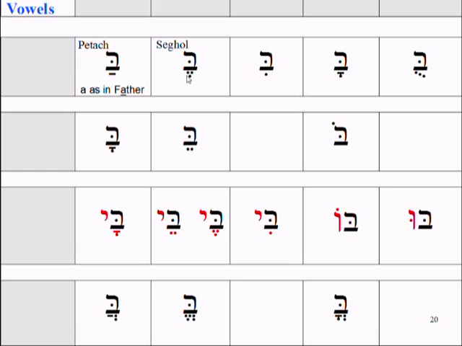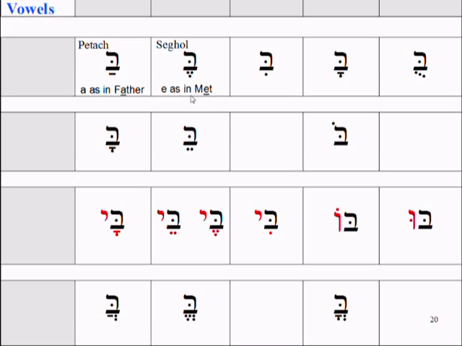You need to learn these and find some way of remembering them, and a good way to do that is to remind yourself of what it is with something, even a silly little image or association. So this is segol, and it's an eh sound.